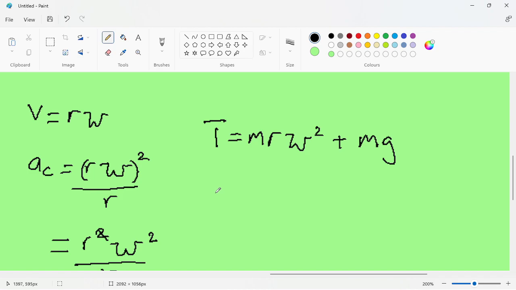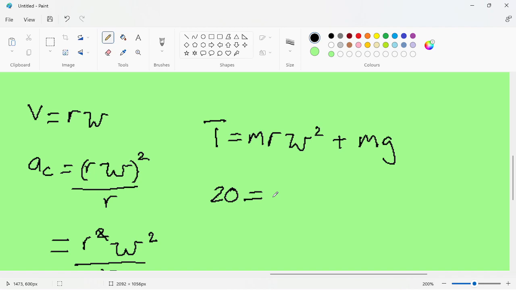The tension at which the string breaks was stated to be 20 newtons, so that goes here. The mass of the stone was stated to be 500 grams, which is 0.5 kilograms. We use standard units in our calculations, because that ensures you get the right units in the answer.